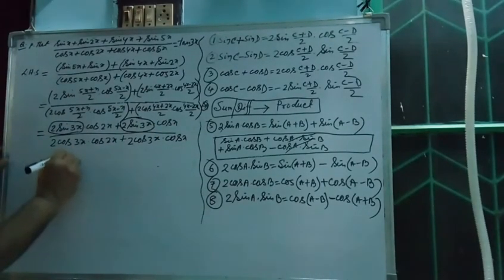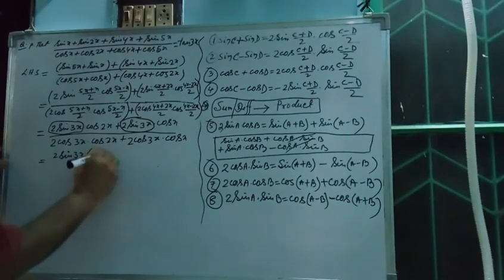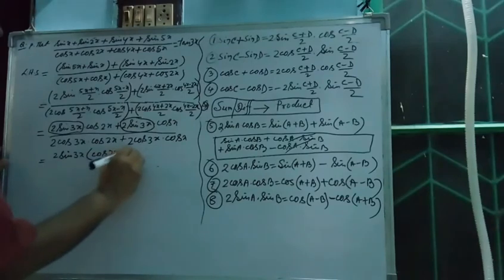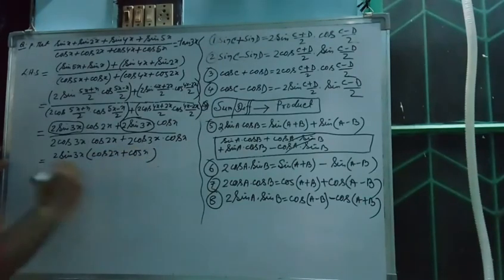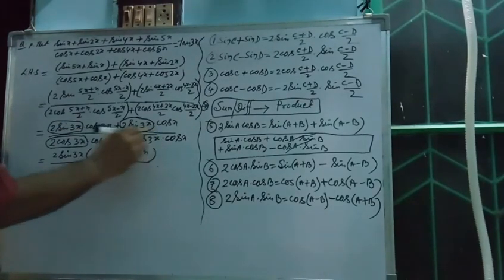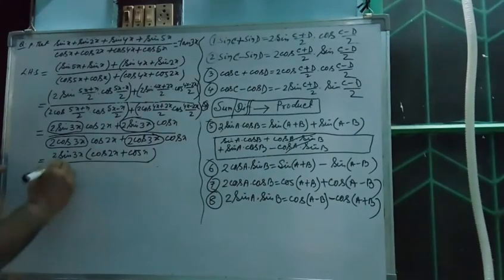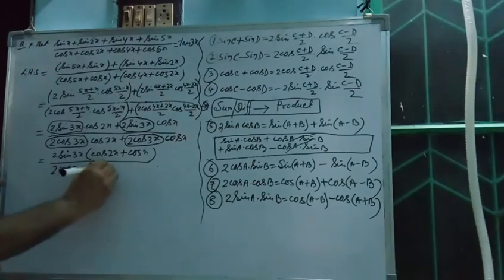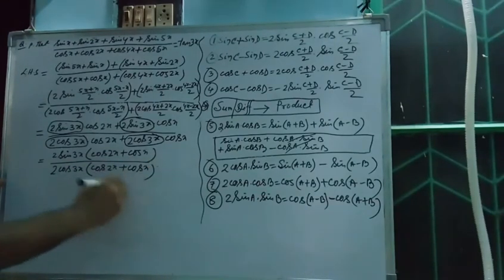Taking 2 sin 3x common, we'll get cos 2x plus cos x. Below, what will be common? Look below: 2 cos 3x is common. So taking 2 cos 3x common, we'll get cos 2x plus cos x, right?